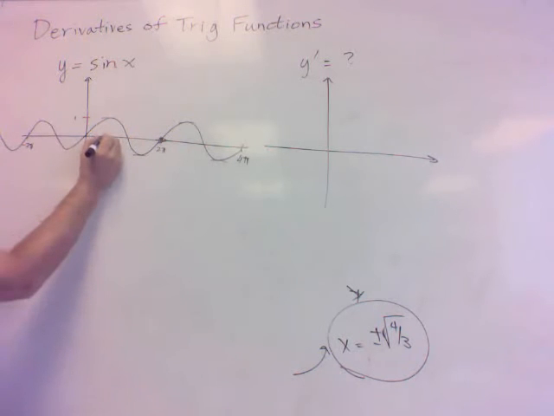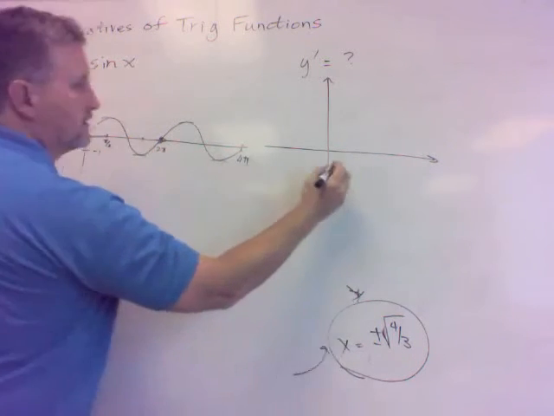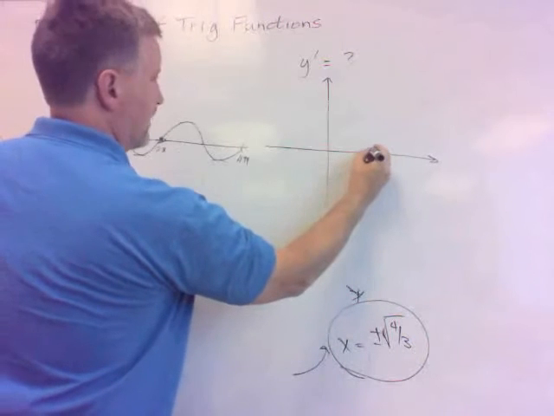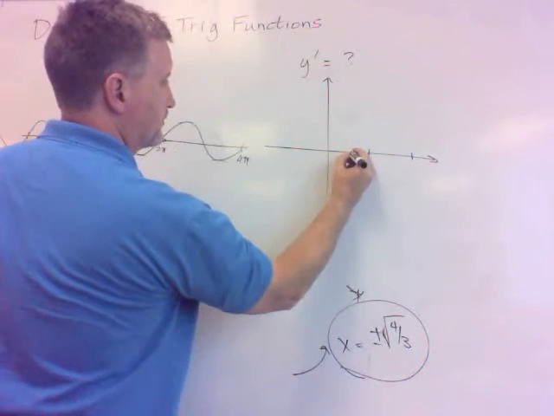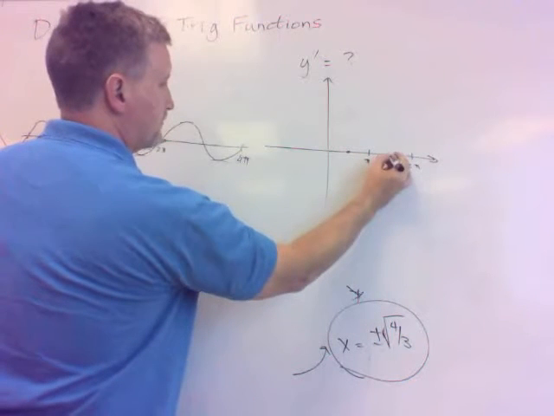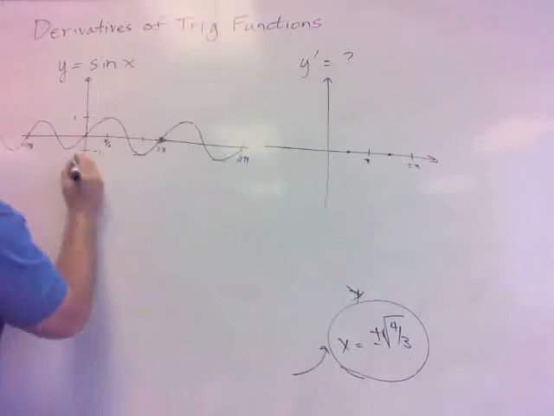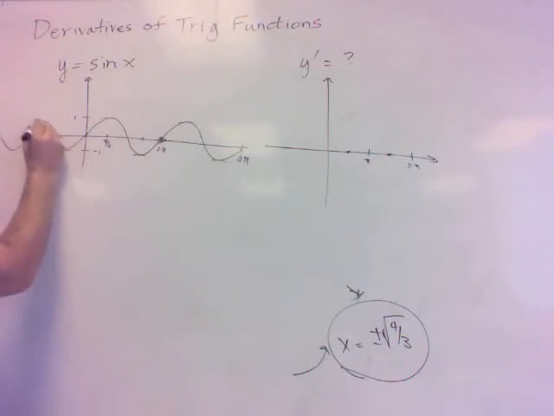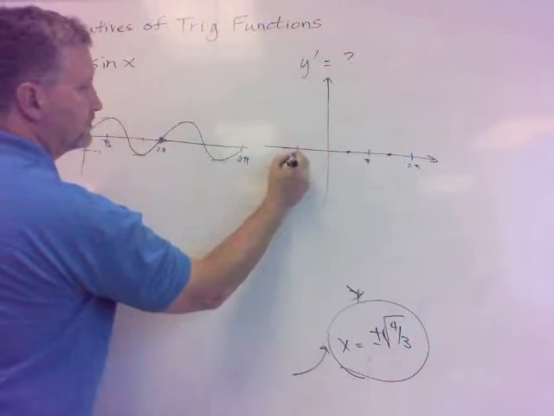And you know this is pi over 2, 3 pi over 2. So here's pi, 2 pi, so it's pi over 2 and 3 pi over 2 and minus pi over 2 and negative 3 pi over 2.